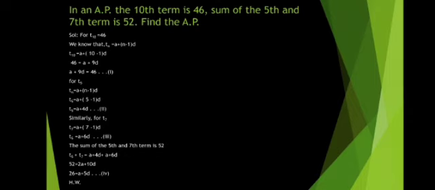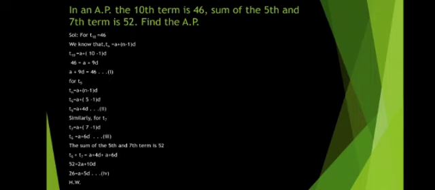Now we know that when we add T5 and T7 we get 52. So in place of T5 plus T7 we write 52 is equal to 2a, and 4d plus 6d is 10d. As we can see, they are all multiples of 2, so we can divide by 2. Each number will be halved.